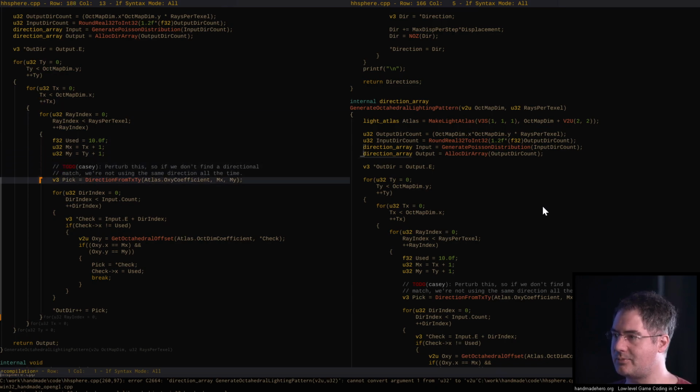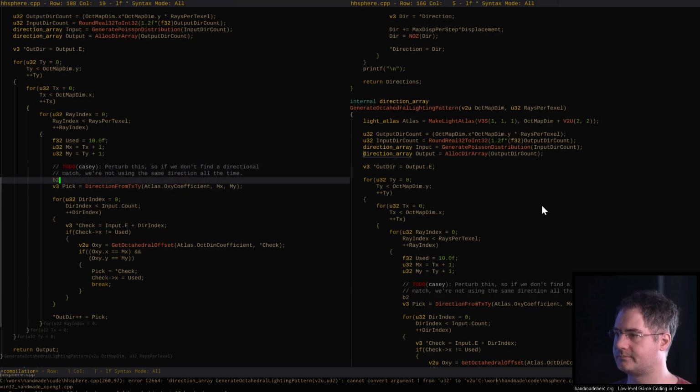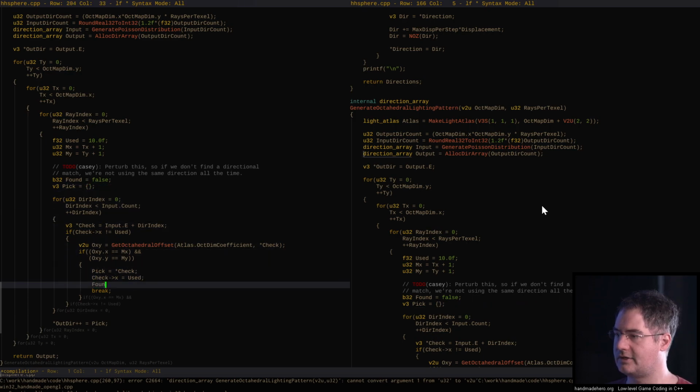We then probably want to make this really harsh. We probably want to just print an error if we don't find one. It'd be more like this. If we find one, great. If we don't, we're in trouble.